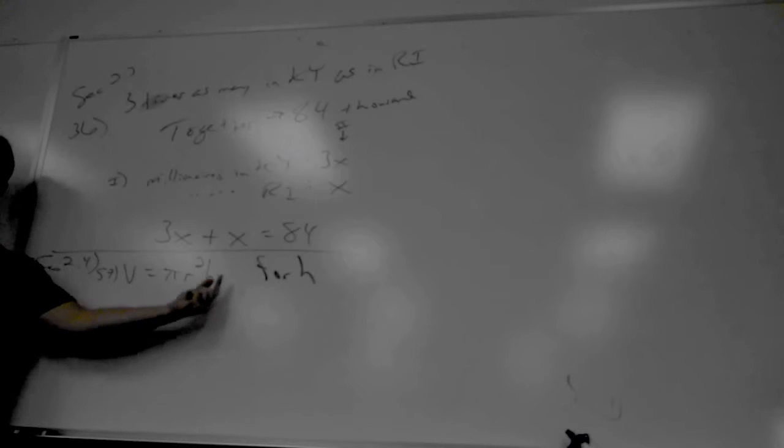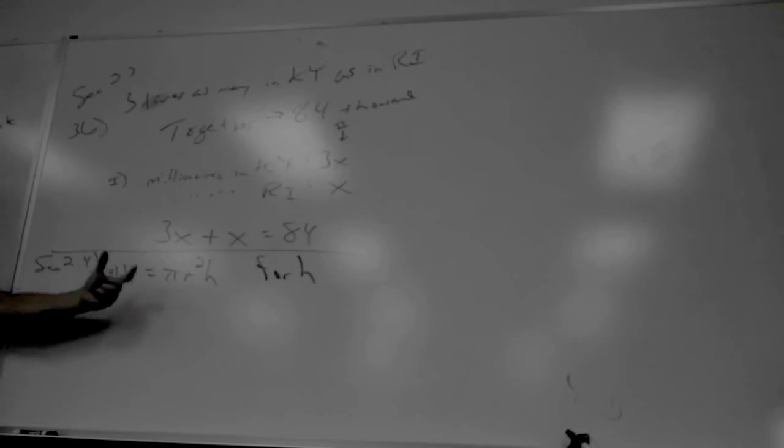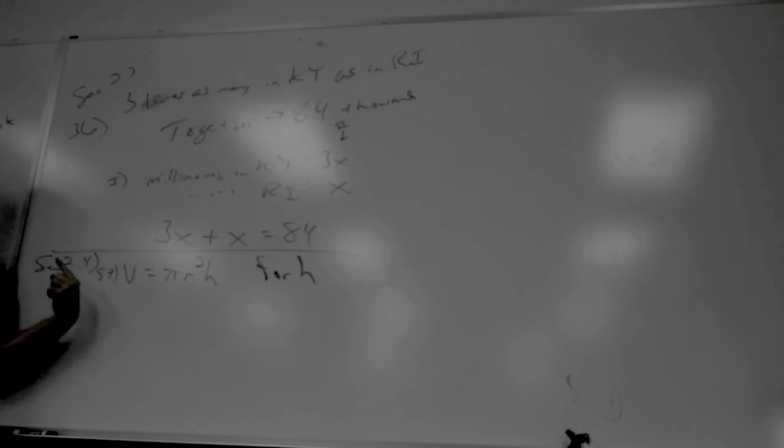Pi r squared h. Is it plus any other terms? Minus any other terms? There's 1 term. If I put A, B, C, D, E, F, G, H, I, J, K, L, that's 1 term. There's no pluses or minuses. It's not added to any more terms, so there's nothing to subtract or add to the other side.